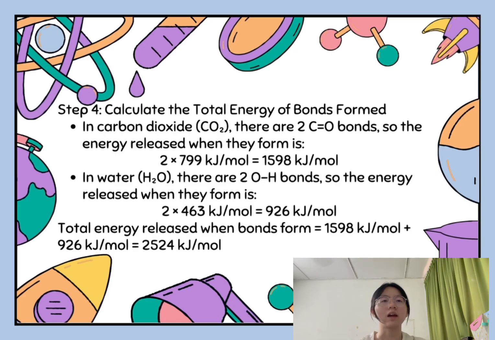In water, there are 2 OH bonds, so the energy released when they form is 2 times 463 kilojoule per mole, which will equal 926 kilojoule per mole. So in this situation, the total energy released when bonds form is 1598 kilojoule per mole plus 926 kilojoule per mole, which is equal to 2524 kilojoule per mole.